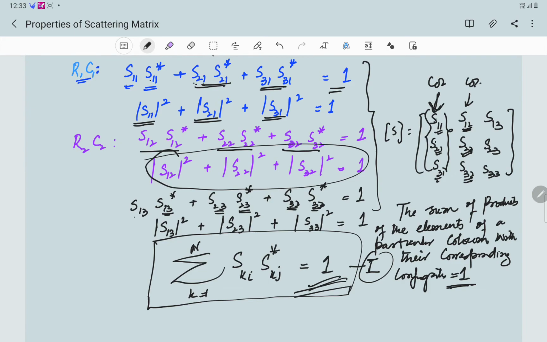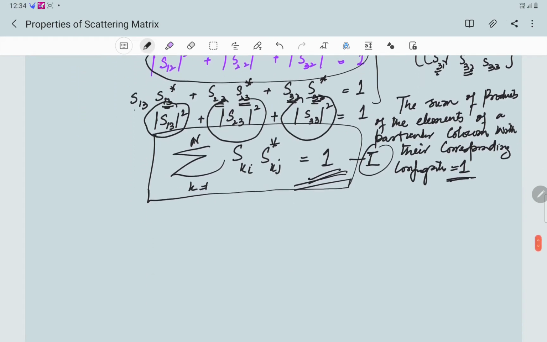And likewise for column number 3, we can see that S13 square, S23 square plus S33 square is equal to 1. That is, the sum of the squares of the elements of a column for a lossless network is 1. So let us try to understand this point.